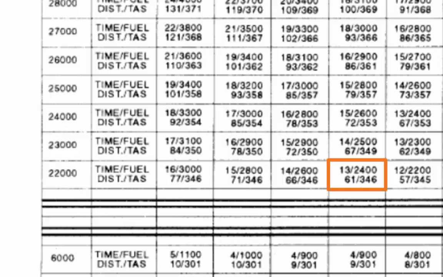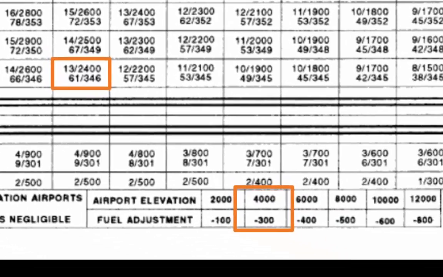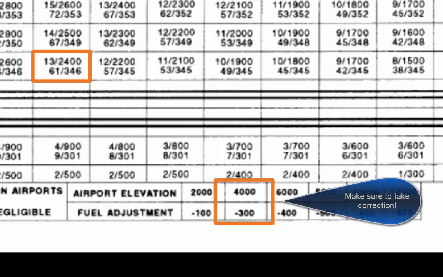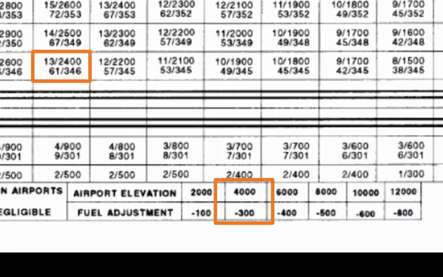Another thing, though, to notice, for conditions V4, we were told the airport elevation is actually 4,000 feet. And there's a correction table at the bottom of this en route climb chart that tells us if the airport elevation is 4,000 feet, we burned 300 pounds less fuel in the climb since the airplane didn't have to climb as far.